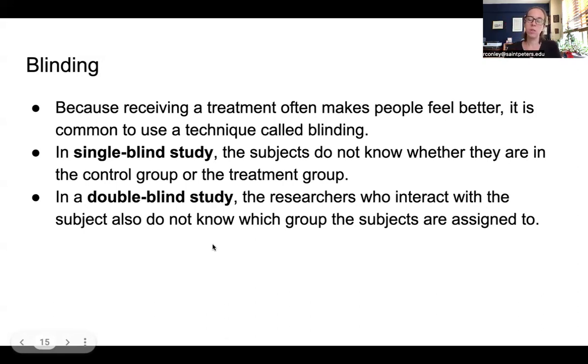This is so that the researchers don't act inadvertently in a certain way towards the subjects who are receiving the treatment versus the control. And also so that when the researchers are doing measurements, their knowledge of whether the people are in the treatment group or the control group doesn't affect their perception of the measurements.